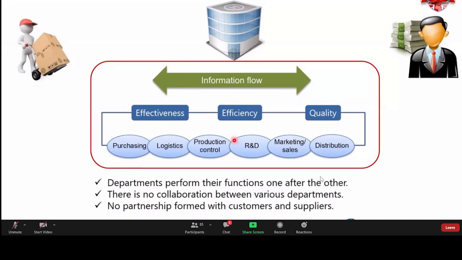Kasi syempre, seasonal, nag-iiba yung gusto or nag-iiba yung favorite ng mga customers. So nandyan si R&D to improve and to build a new product to supply to the market para hindi magsawa si customer. And also nandyan din si marketing and sales para mas ma-market and mas madaling maibenta yung product.